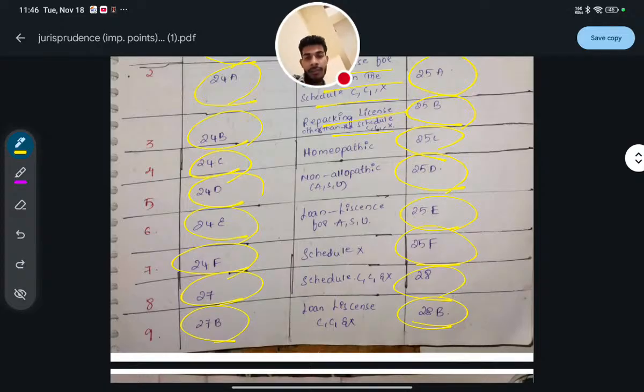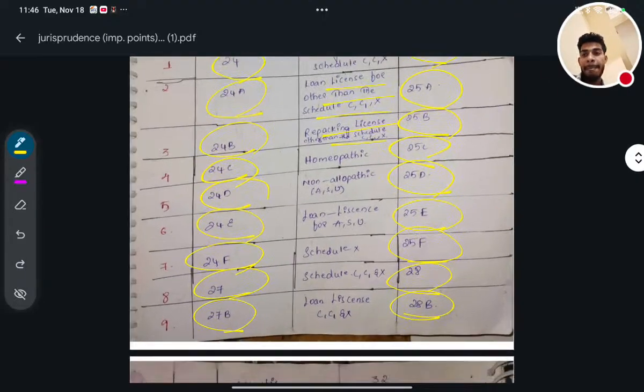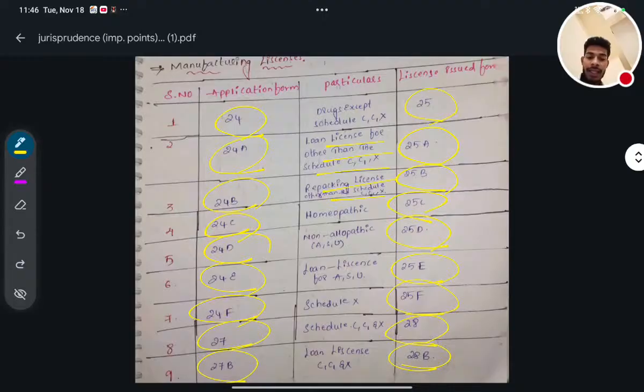Okay, so you can take a screenshot and you can learn it. You have to remember that. Just revise again and again continuously. These are very, very important.